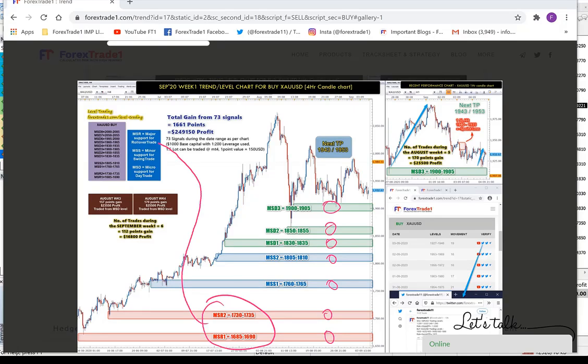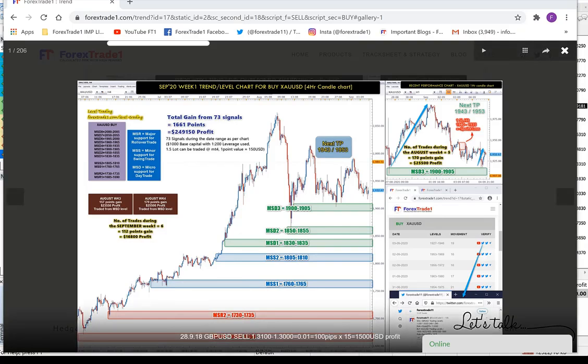These are the major support for swing traders, which has already been indicated here, and these three are for day traders, which we have already indicated here. So we have distributed our trading levels into day trading, swing traders, and positional or rollover traders.